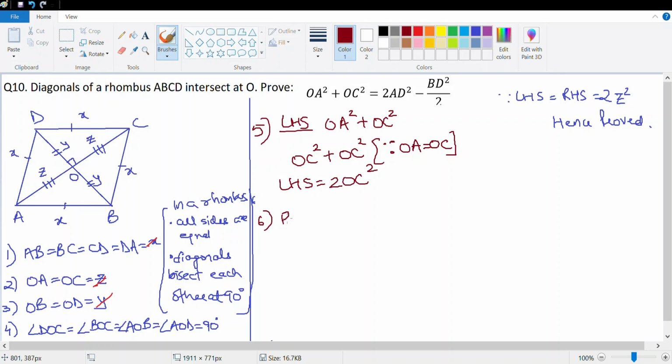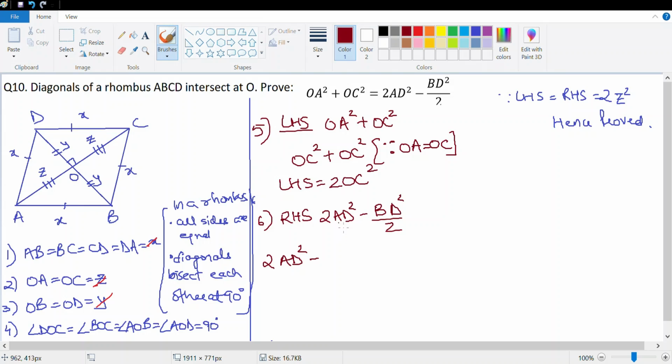Number 6, let's look at the right hand side. Right hand side is 2 times AD square minus BD square upon 2.